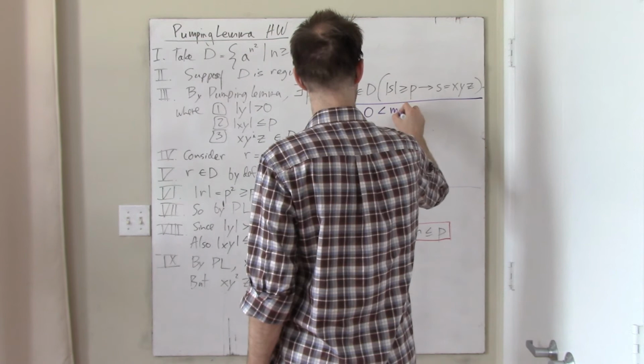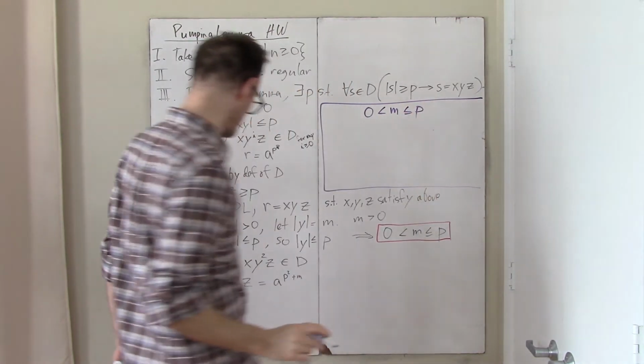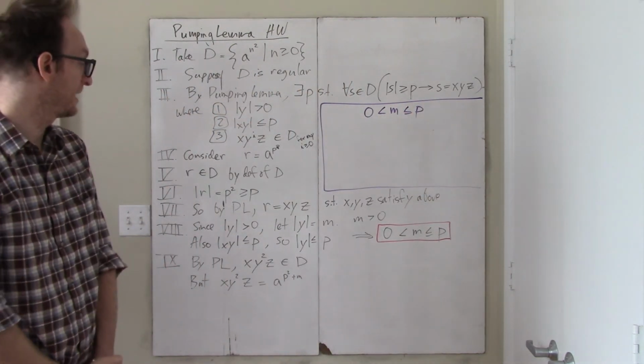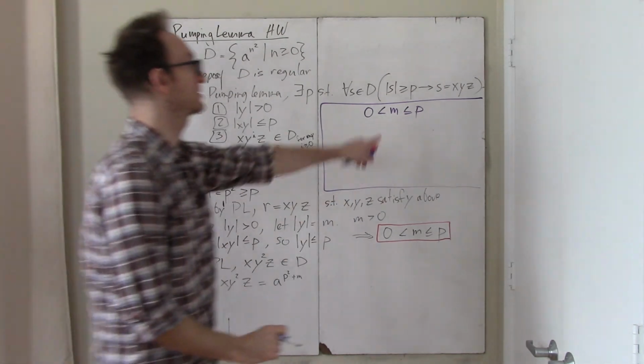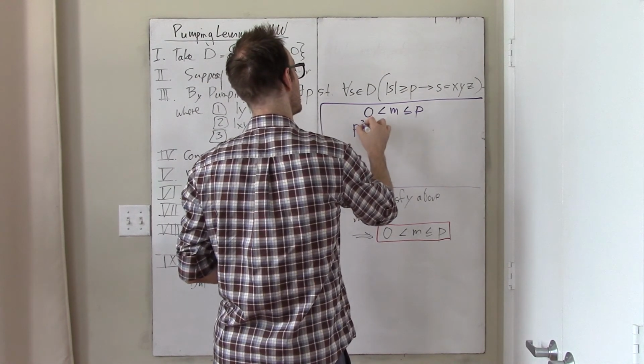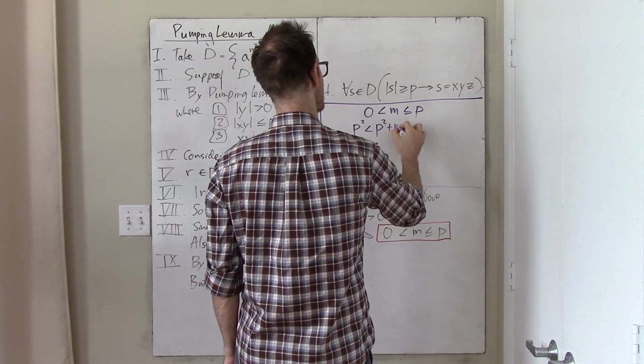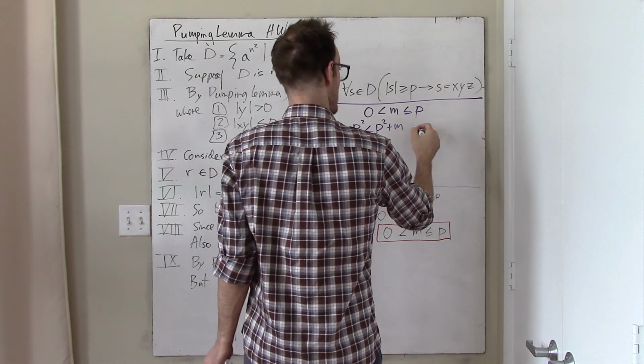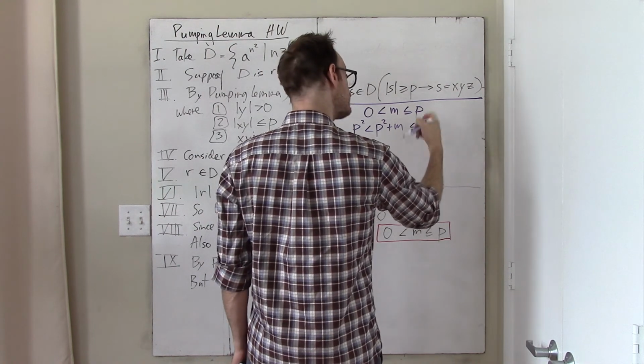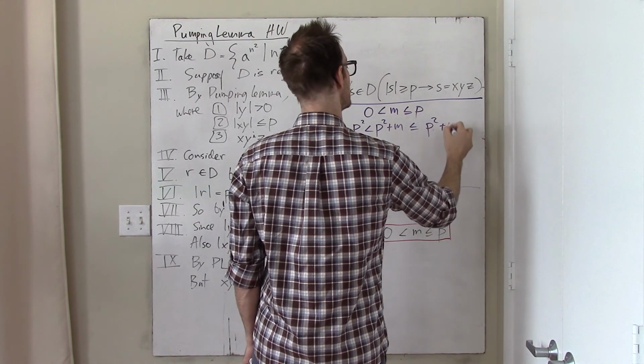If you give me this m, let's see, how do we do this? I'll just add p squared to all three sides of this inequality, and so we get p squared is less than p squared plus m, which is less than or equal to p squared plus p.